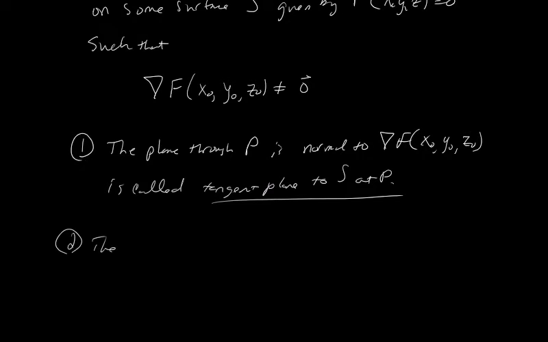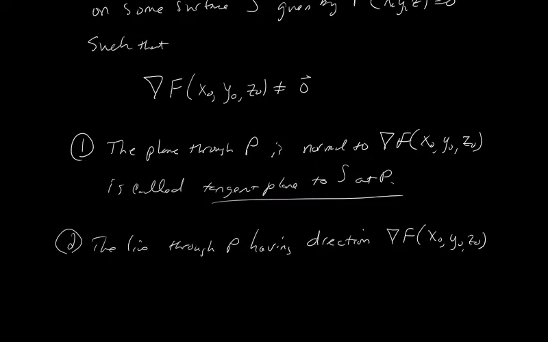Now, the line through P having direction gradient of F at x naught, y naught, z naught is called the normal line to S at P.